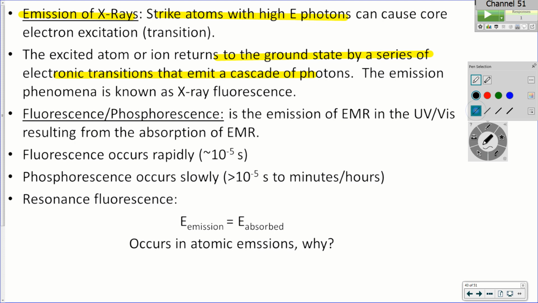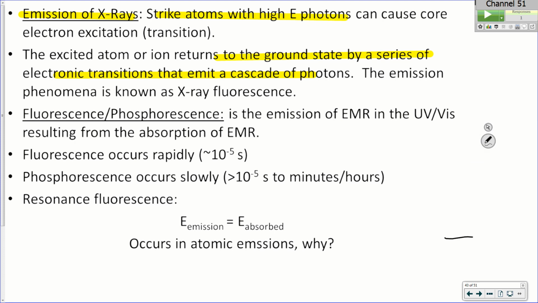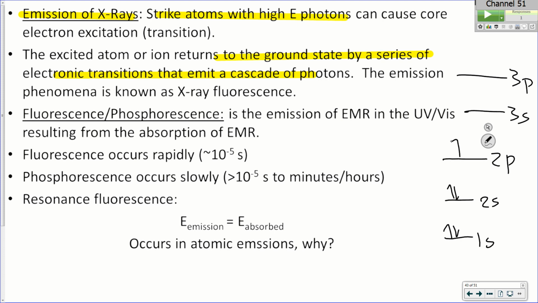So if we go back to a very simplistic energy level diagram, let's say you've got 1s electrons and 2s electrons and 2p's and 3s's and 3p's. You've got electrons in here everywhere. These lower energy levels are filled, and let's say you've got a valence electron.